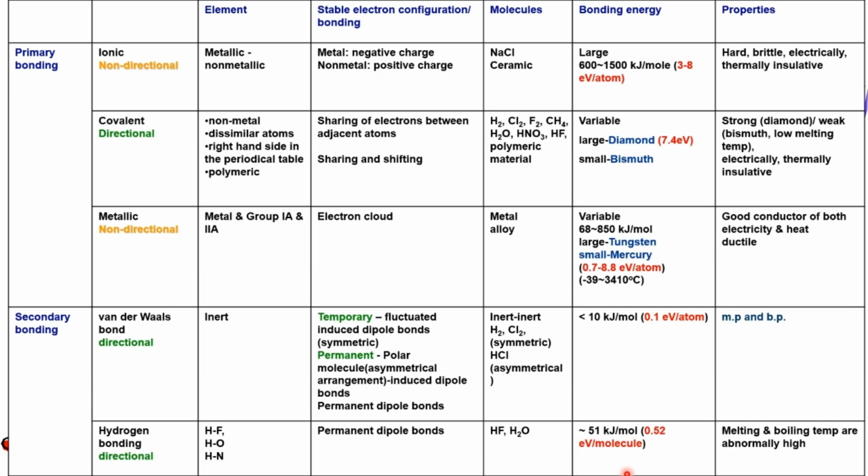The energy of the hydrogen bond is very strong compared to the normal van der Waals bonds, about 0.252 electron volt. So these are the bondings between atom and atom, molecule and molecule, or molecule and atom.